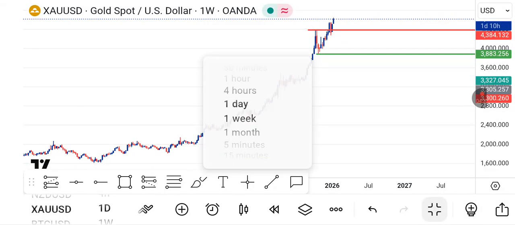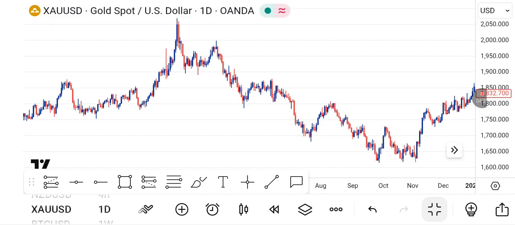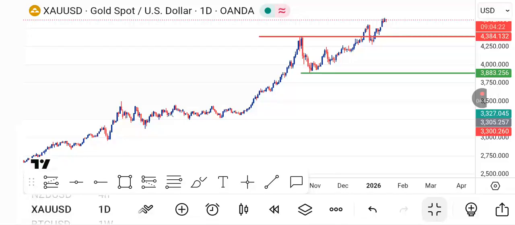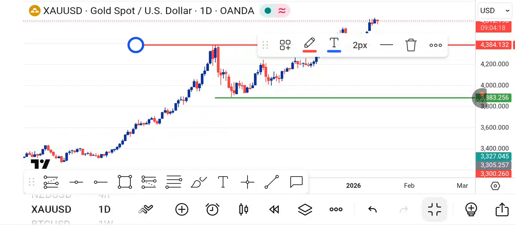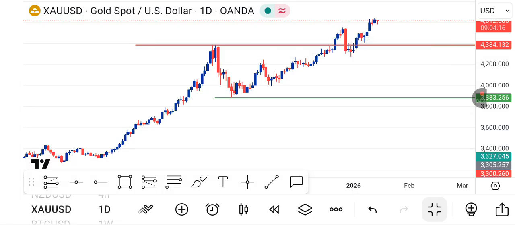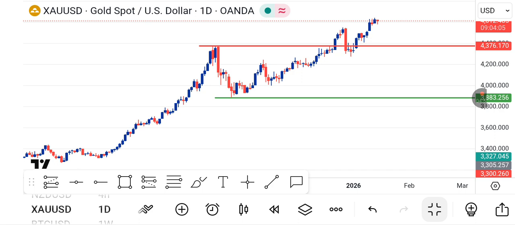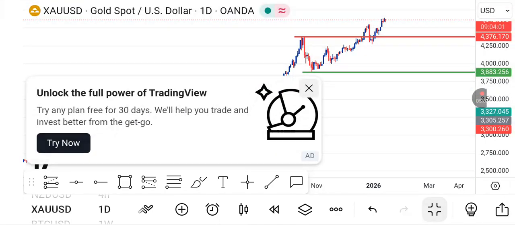Let me go to the daily time frame. This is what I just did, marking my previous resistance and support, which is the high and low.